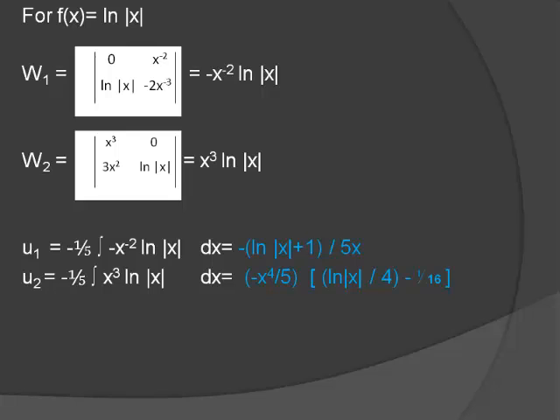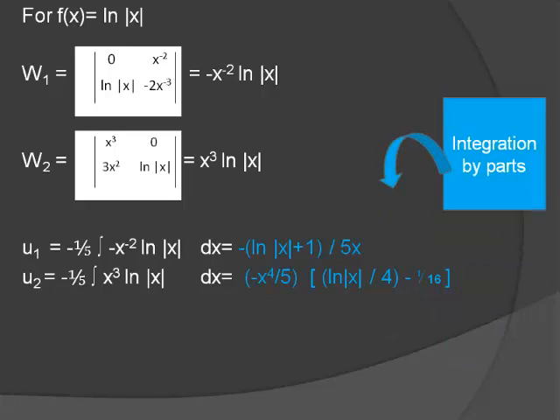Then we integrate this, so we have u1, which is equal to integral of w1 over w, so we have negative 1 over 5 integral of negative x to the negative 2 ln of x dx, so we can get negative ln of x plus 1 over 5x, and our u2, which is integral of w2 over w, is equal to negative 1 over 5 integral of x to the 3 ln of x dx.